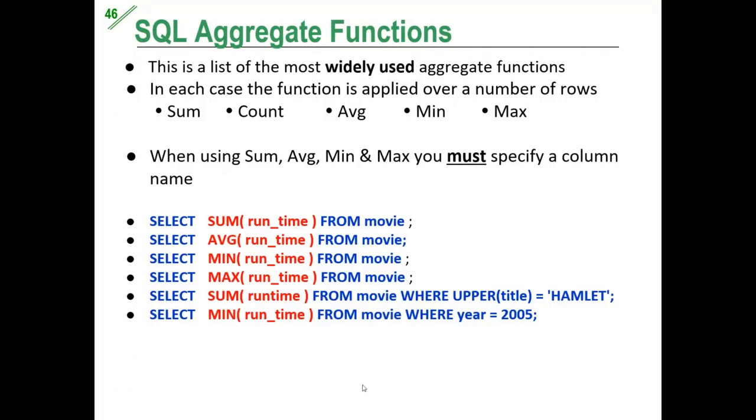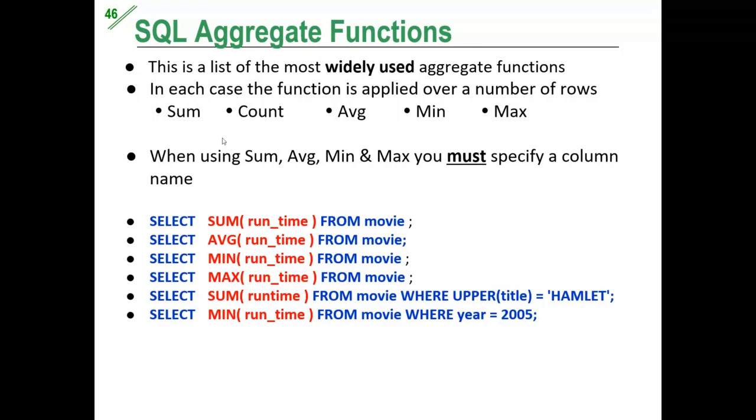So these are the popular aggregate functions apart from the count function. We have the sum function, average function, minimum function, and maximum function. Sum is if you want to get the total dollar value or whatever dollar amount, so it's a sum function.